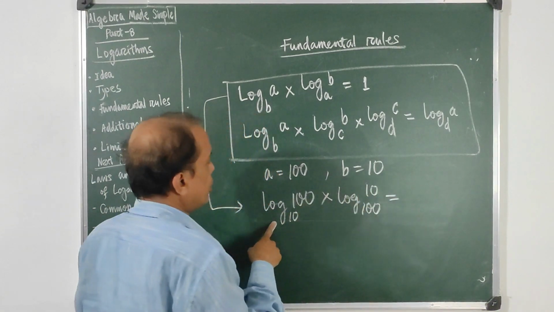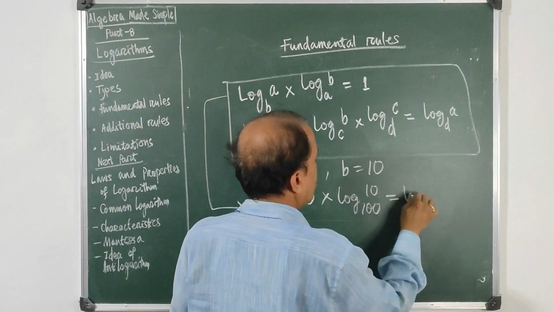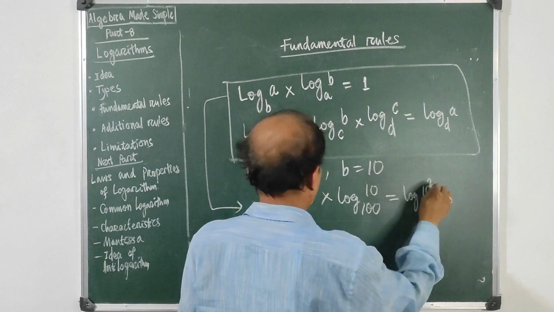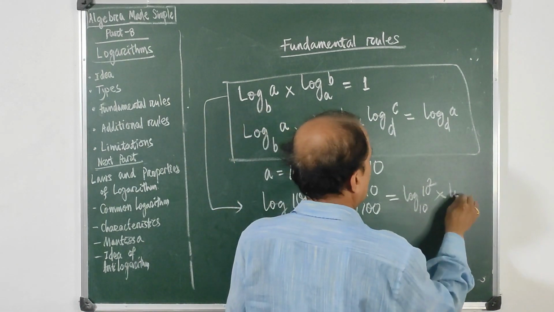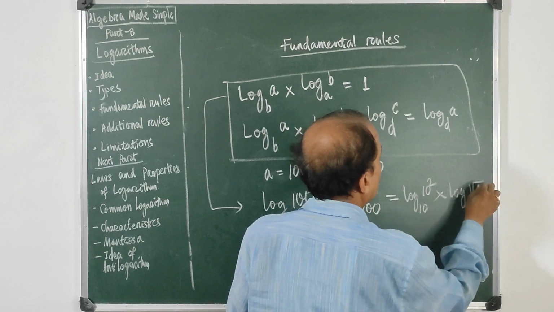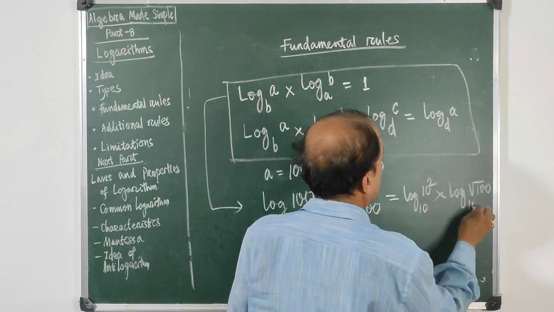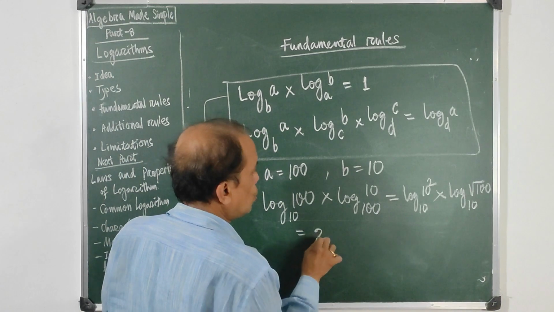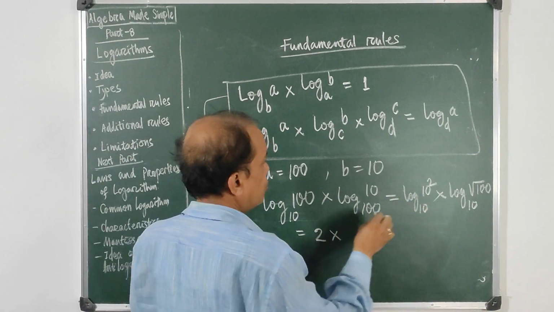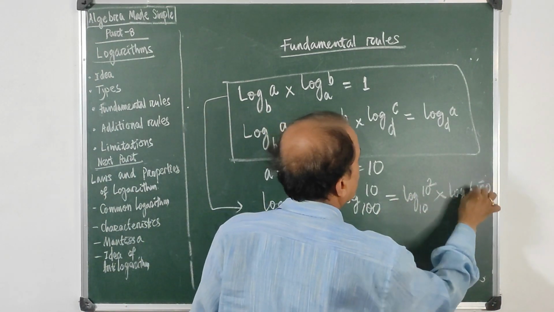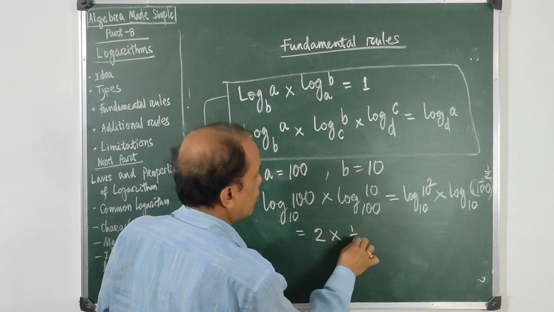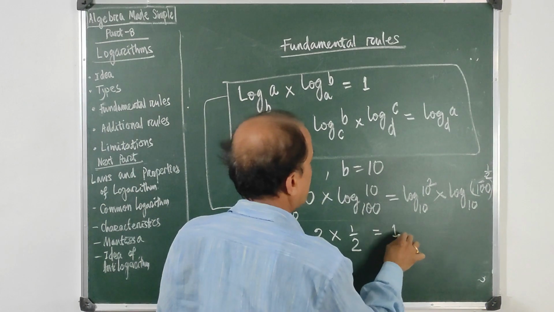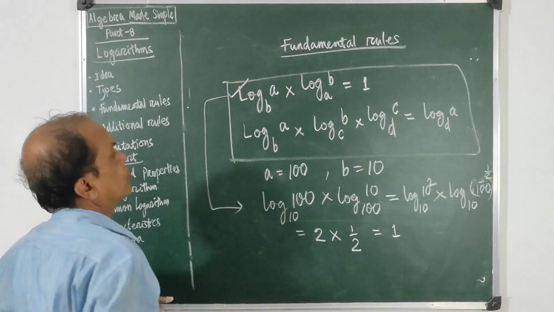So here we get log 10 square to the base 10, into log root 100 to the base 10. That means 2 into, root 100 is also 100 to the power 1 by 2, so 2 into 1 by 2, which is equal to 1. So this one is proved.